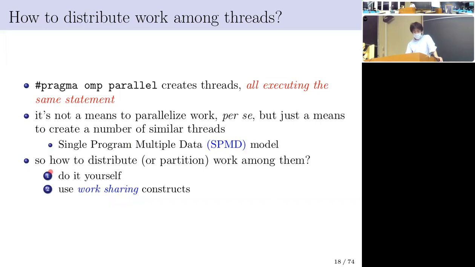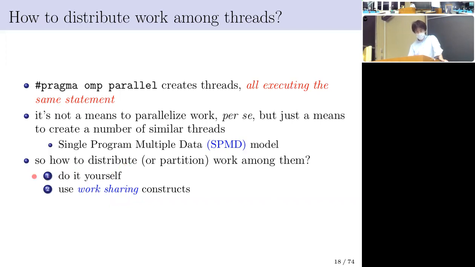So the other thing you need to master is, okay, you have some number of threads doing the same statement S. Then how do you distribute the work you need to do for this program among those threads?